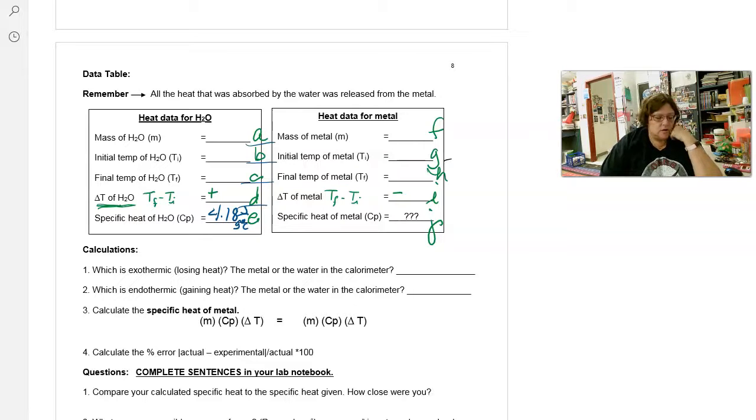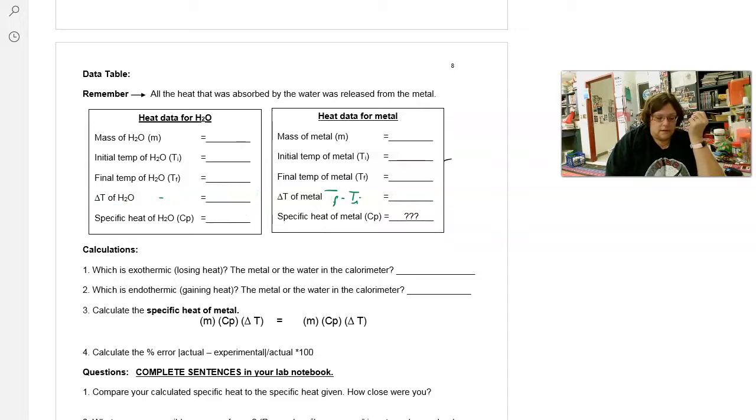All right, so we need to do the calculations from the specific heat of a metal lab. We got these calculations on Tuesday, the 4th.